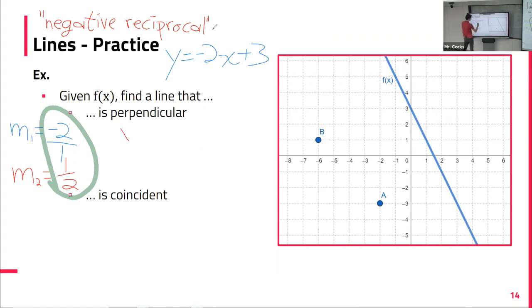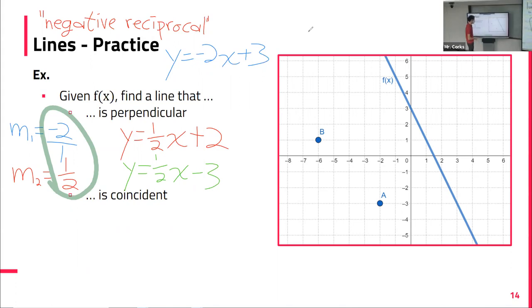So our line here, y equals positive 1 over 2 x, and then plus whatever intercept we want, just like we did last time. Let's say +2 or y equals 1 over 2 x minus 3. Okay.